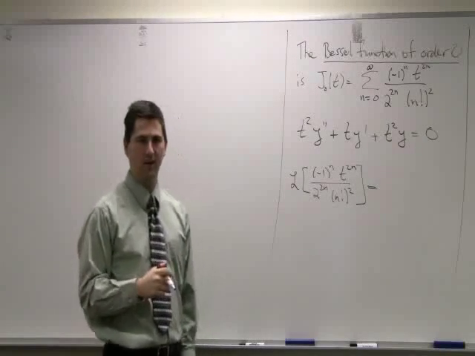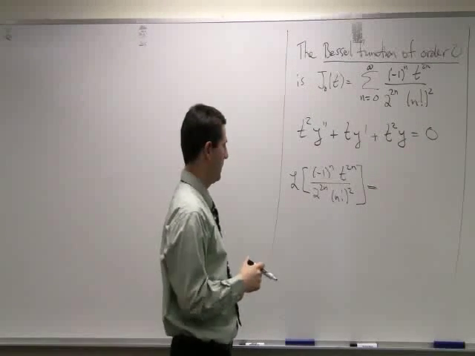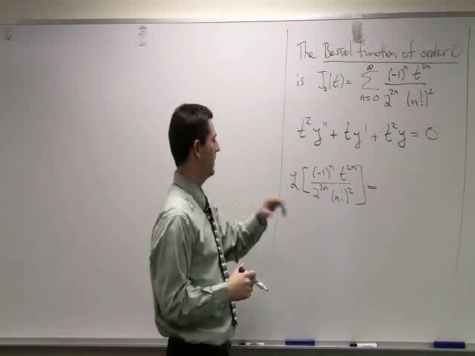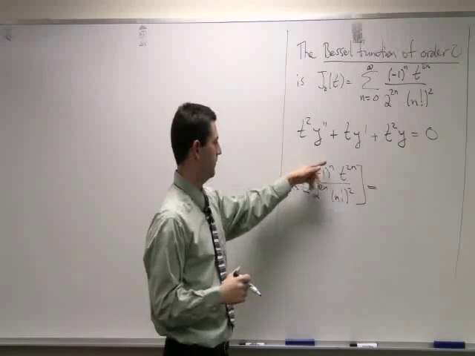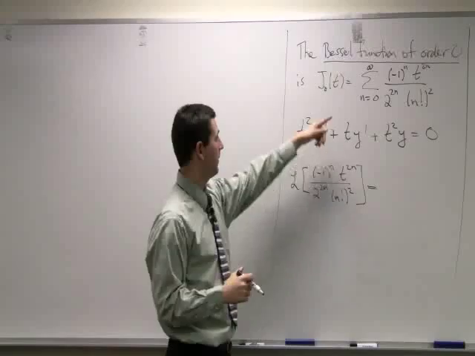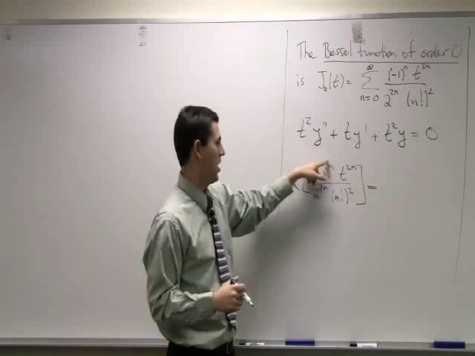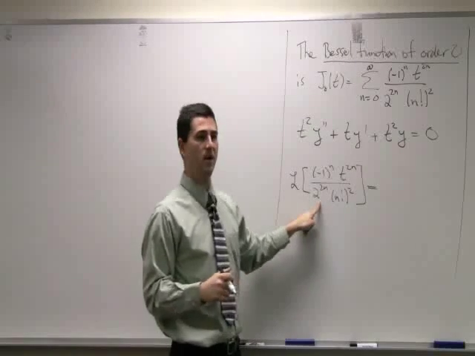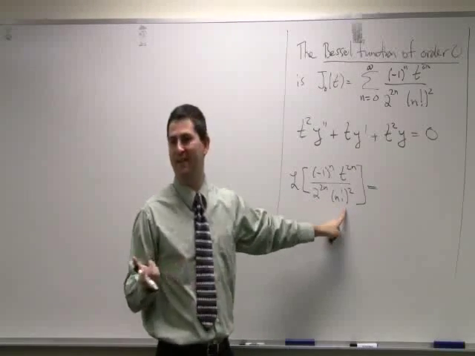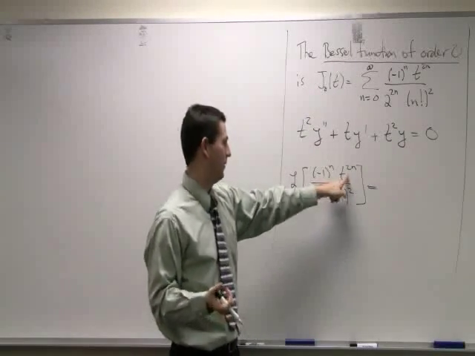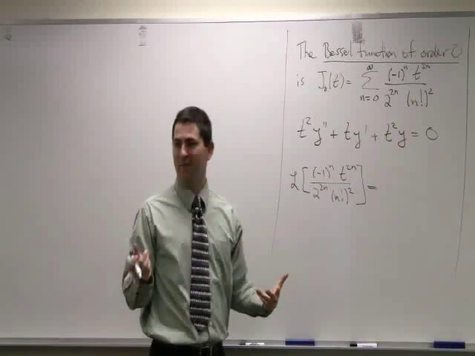Why do I claim it's so easy? We'll see. n is some fixed natural number or 0 here. That's a constant. That's a constant. That's a constant. Okay, there's a variable. But it's almost all constant, right?